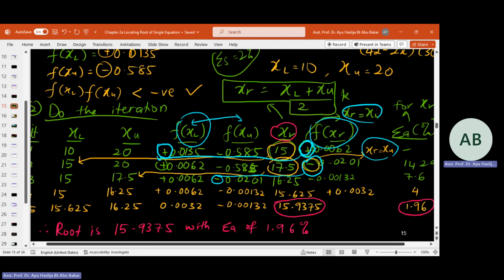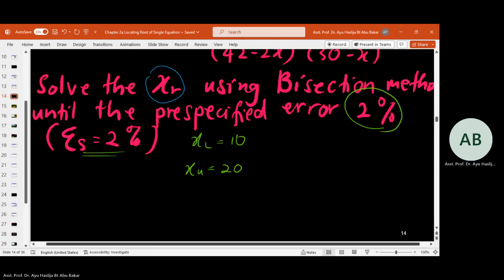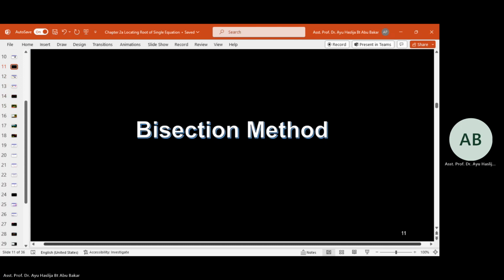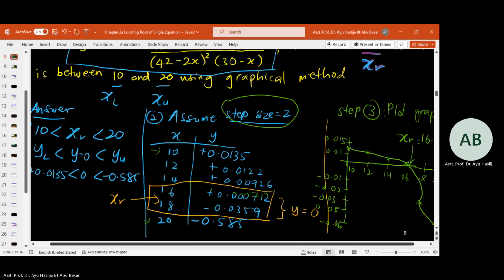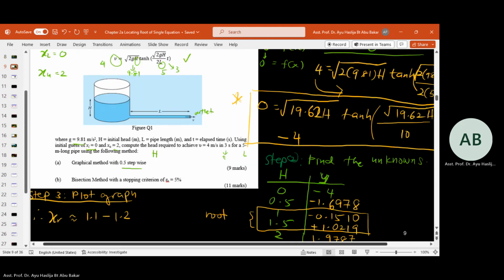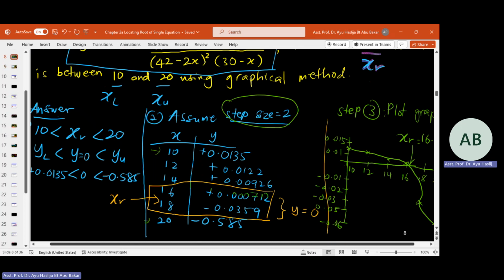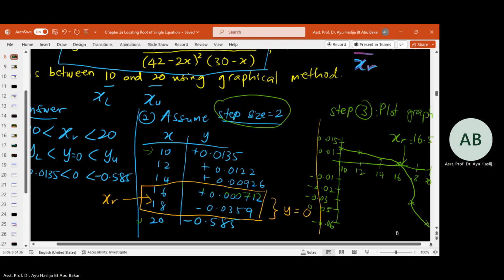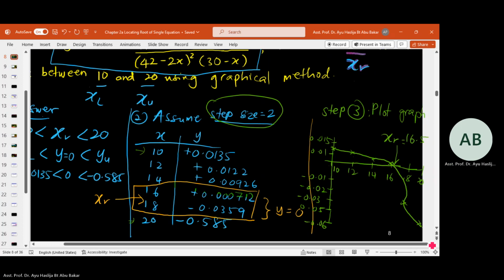By right, to prove it with the graphical method last time, what is the root? The first method is the graphical method, right? So from the graphical method, what do you get as your root? 17, 16, 16.5, roughly there.